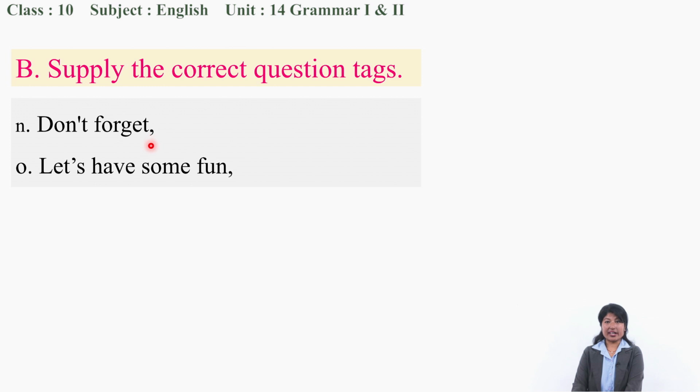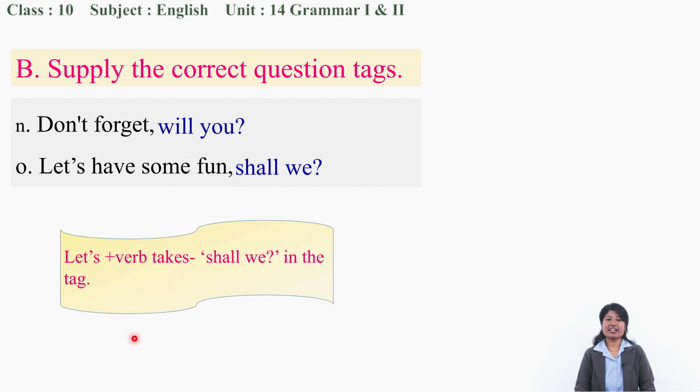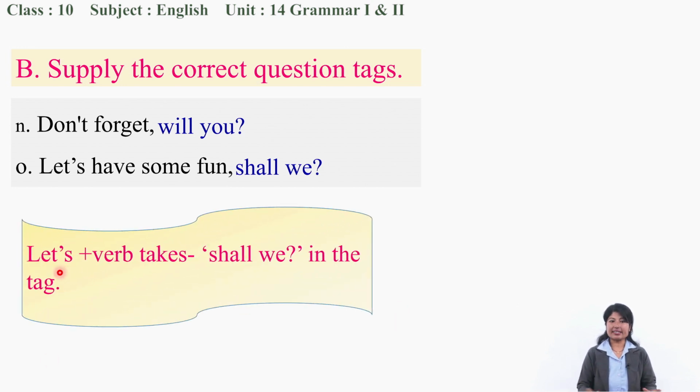This is also a command, right? Don't forget, will you? Oh, let's have some fun. Shall we? So what we can discuss over here is, if there is "let's," then that takes "shall we." Let's, then shall we.